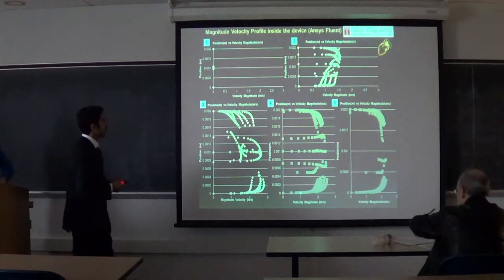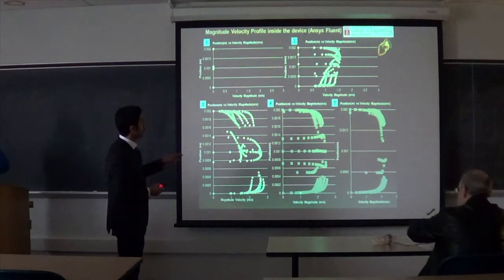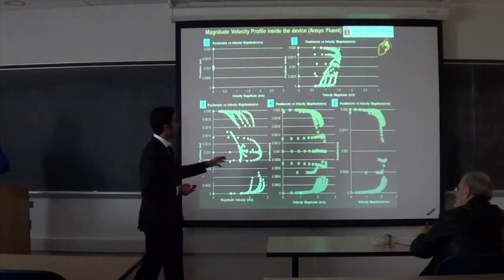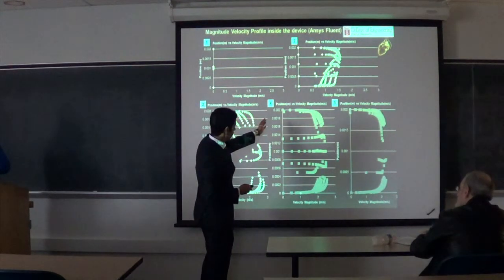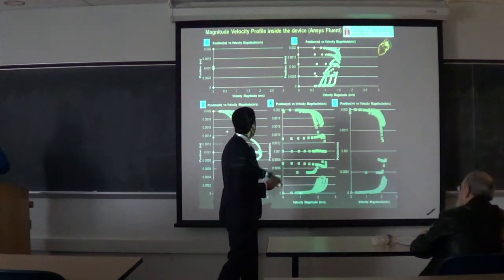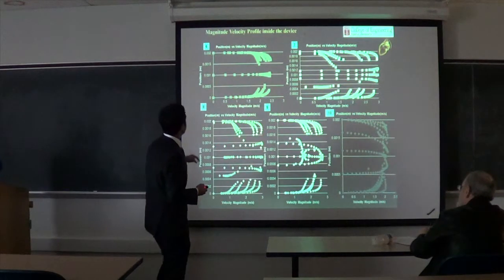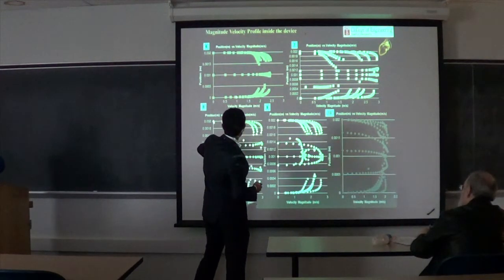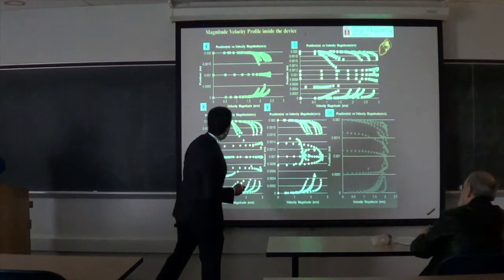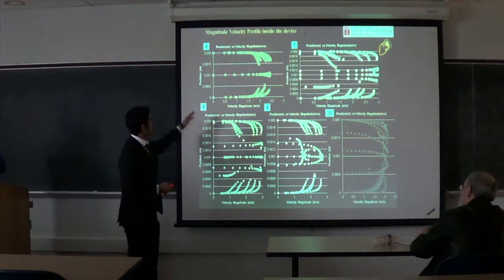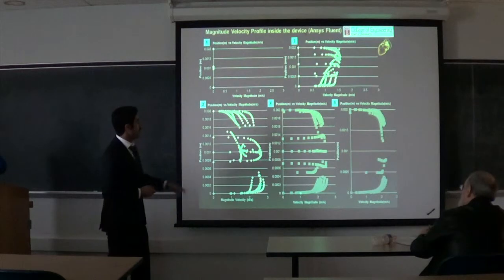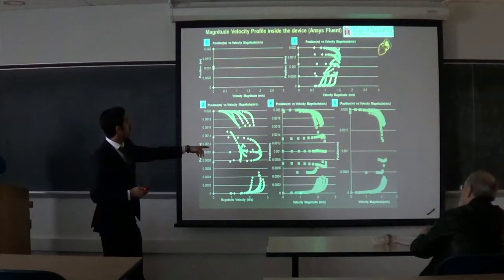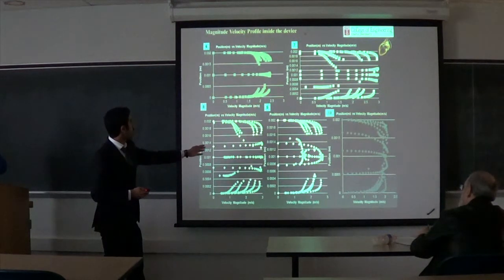And you can see that the velocity profile starts to become fully developed from plane 4, which is right here, to plane 8, which is right here. And then it disappears again. So you can see that it's parabolic, like the last, from plane 4 to plane 8.